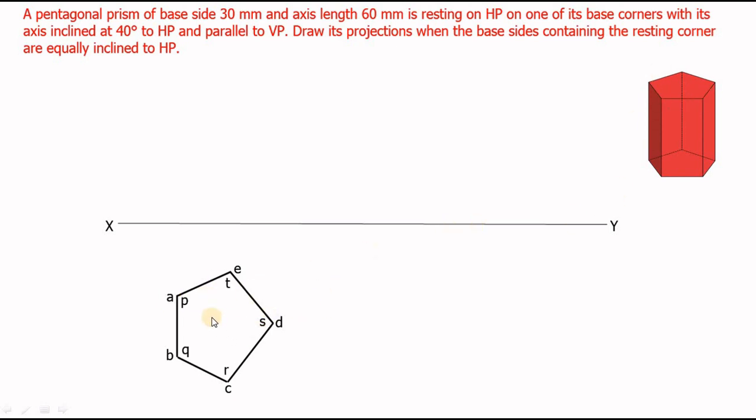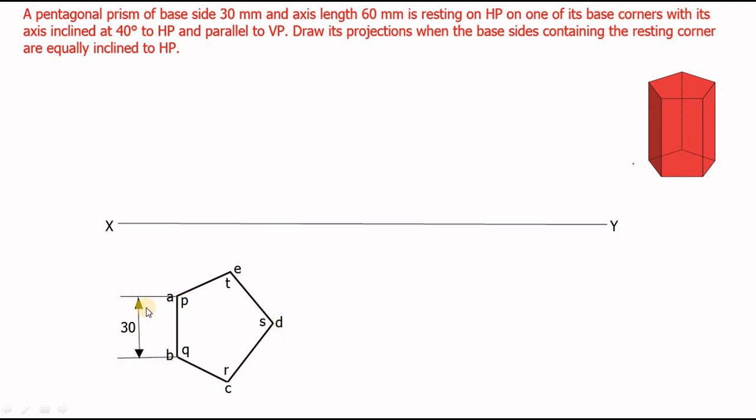Similarly, the bottom face corners, the base corners, can be named P, Q, R, S, T. If this is A, this can be named P. If this is B, this can be named Q. So P, Q, R, S, T are the base corners. Clear? I am going to rest the S corner on HP. Then let us mark the dimension of the side, which is given as 30 mm. Just mark the dimension as 30.